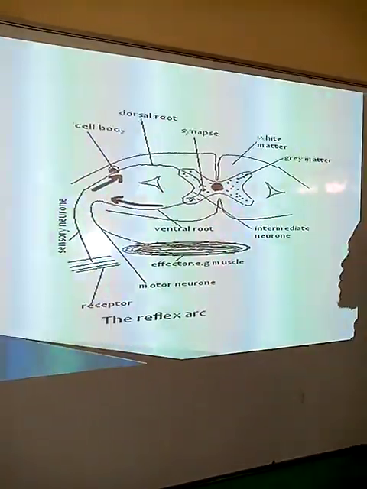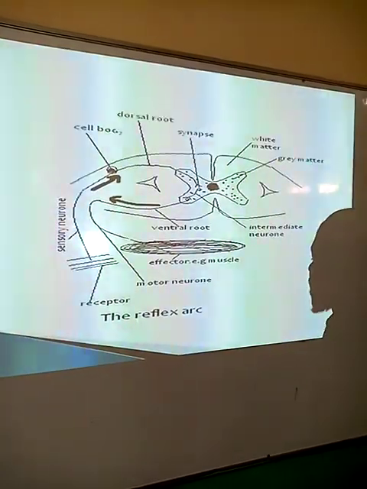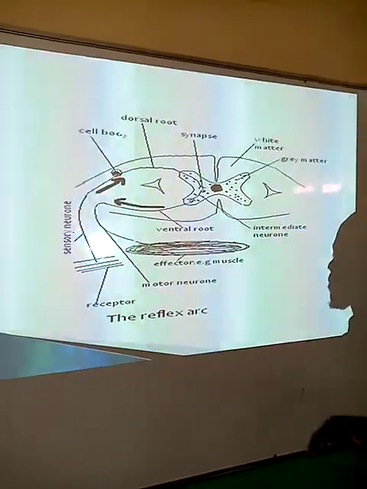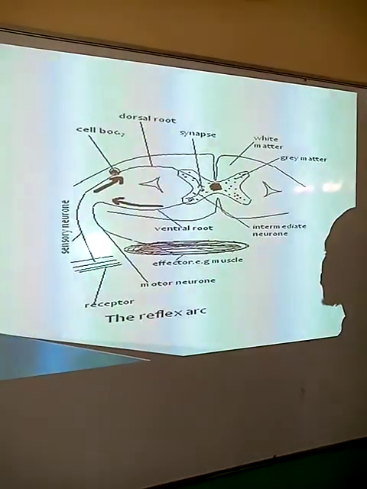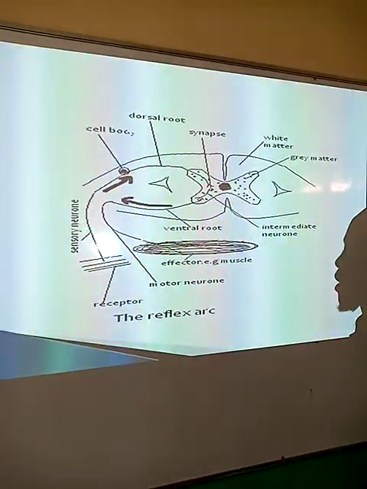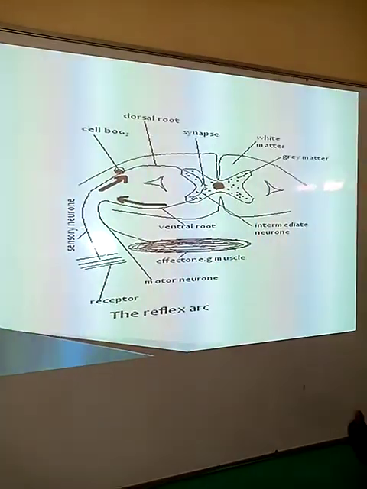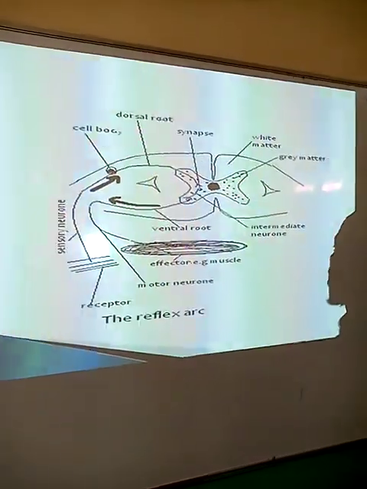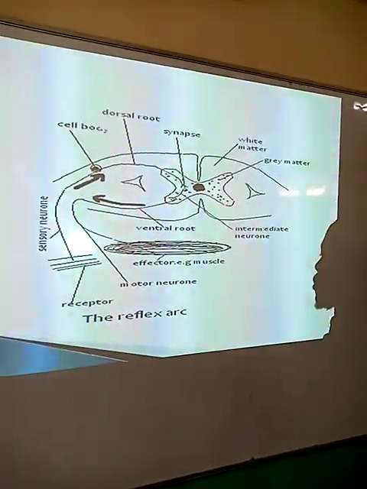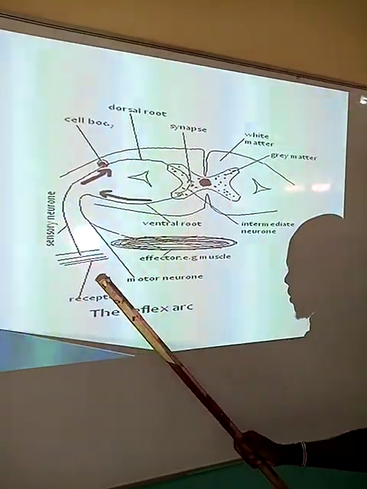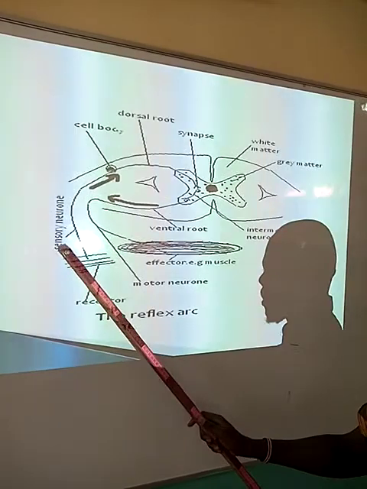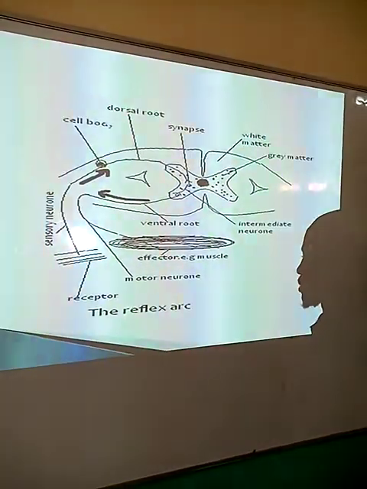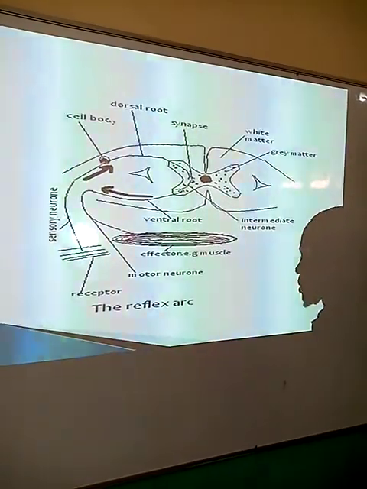This is an example of a simple reflex action where you happen to touch a hot object or maybe a sharp pin. How does the impulse come until such a time that you withdraw your finger? We have what we call the sensory neuron here, which is situated on the receptor organs, those parts of the body that are able to respond.